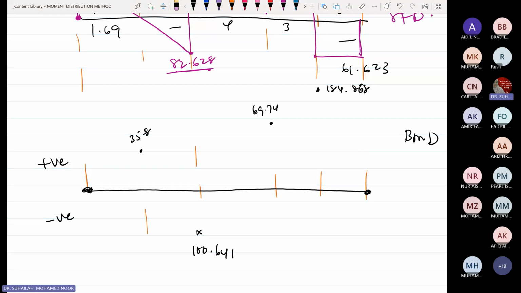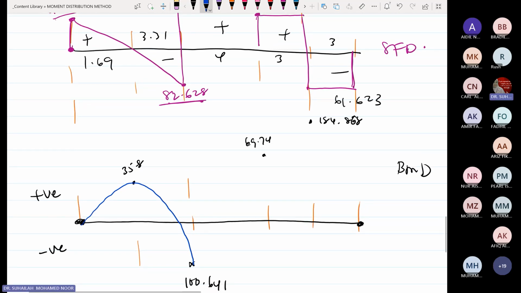Okay. So A to B curve because UDL. Yang ni ke sini curve. Okay. And then B dengan C straight. And then C and D sambung titik ni.